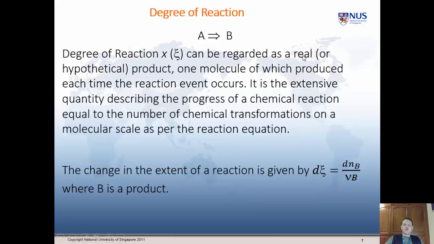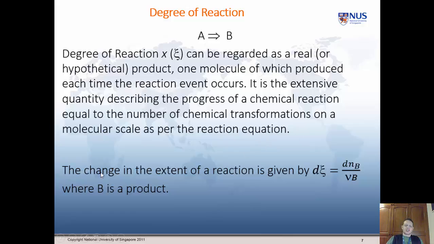It can be a real product, a molecule of which is produced each time the reaction event occurs, or a hypothetical product. It's an extensive quantity, so it describes the progress of the chemical reaction equal to a number of chemical transformations on a molecular scale as per the reaction equation.